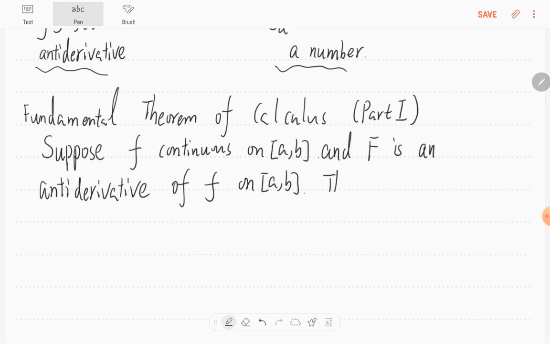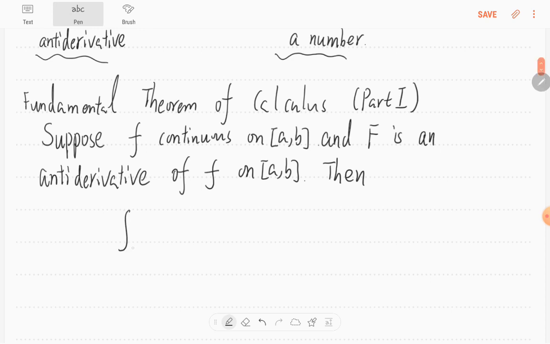Then we have the result that the integral from a to b of the lowercase f is equal to the antiderivative capital F evaluated at b minus capital F evaluated at a.